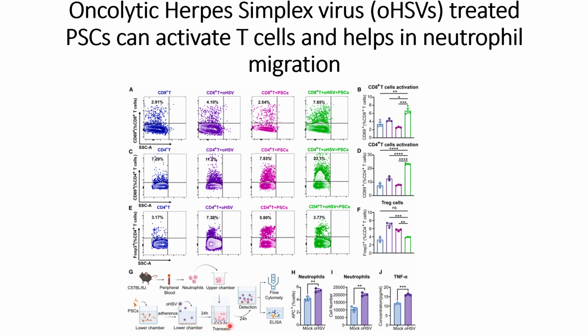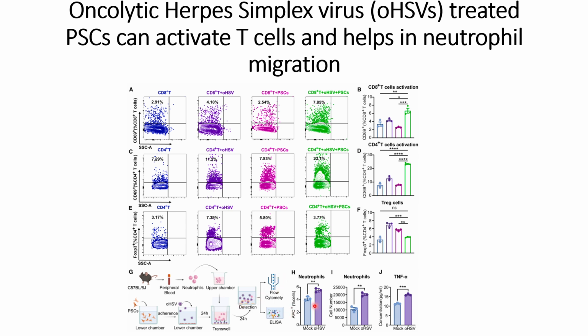After 24 hours of oHSV treatment, they added neutrophils isolated from the peripheral blood of immunocompetent mice. And after 24 hours, they detected neutrophil migration in the bottom chamber, with and without oHSV treated PSCs, using flow cytometer and ELISA.